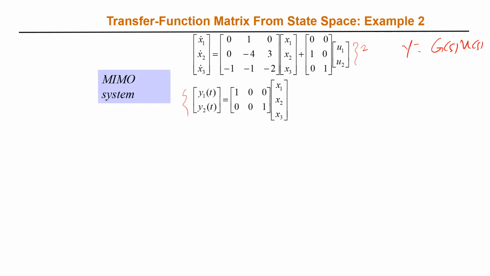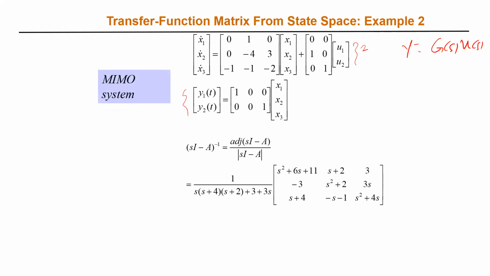Take Si minus A inverse. In general, the inverse of Si minus A equals the adjunct of Si minus A over the determinant. I hope you know how to find the adjunct of a matrix.